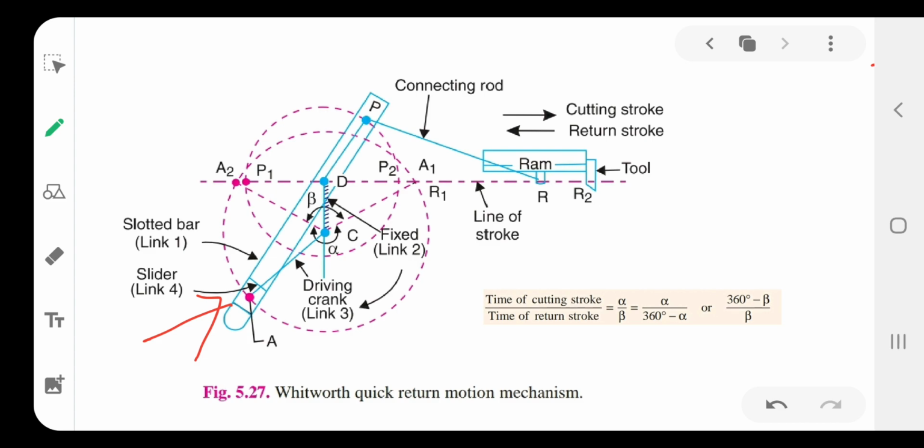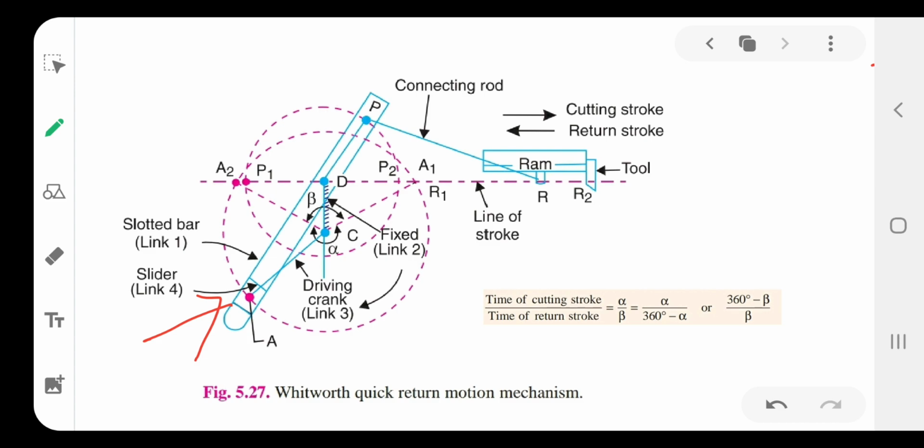In this also the slider moves freely in the slotted bar along with the movement of the crank, okay. Same mechanism is here. As the driving crank, link number 3, rotates, the slotted bar also moves with the help of the slider, okay.